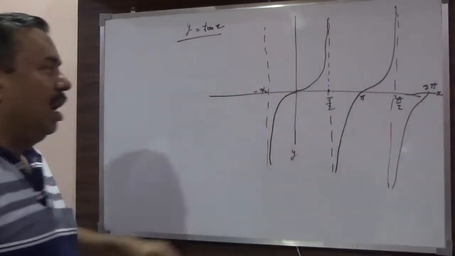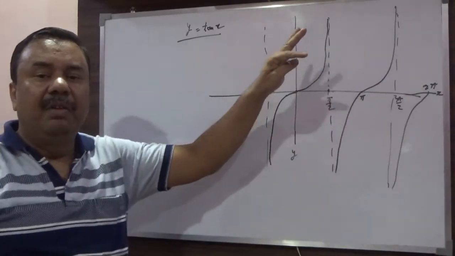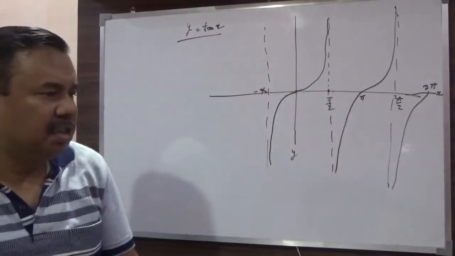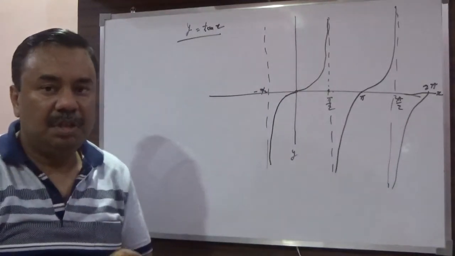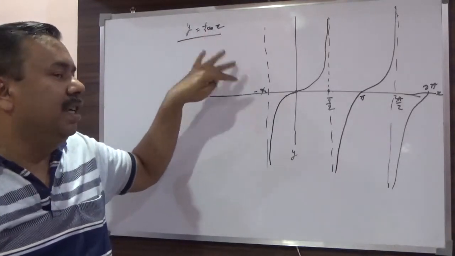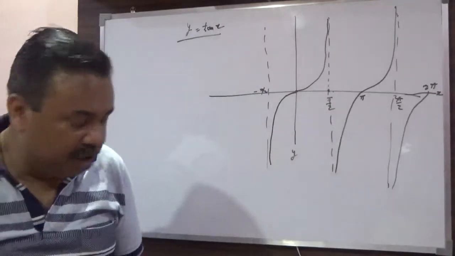So you must remember such a graph that you made for tan x. Now just transpose it, because we are transforming y as x and x as y, which is what happens in the case of an inverse function.